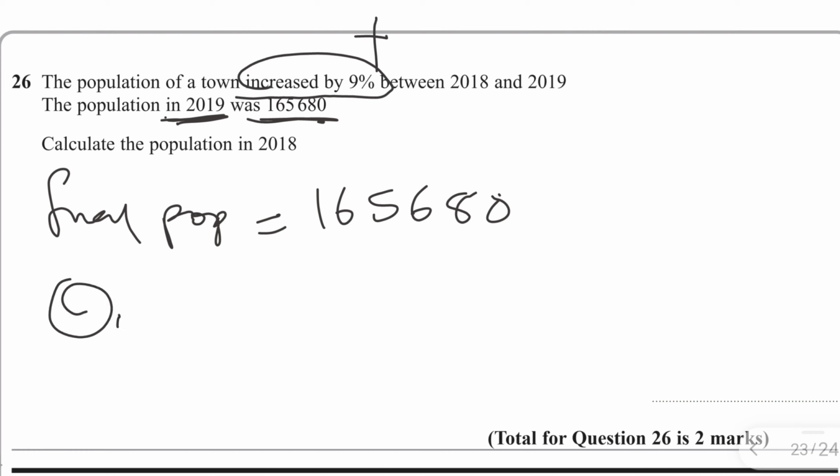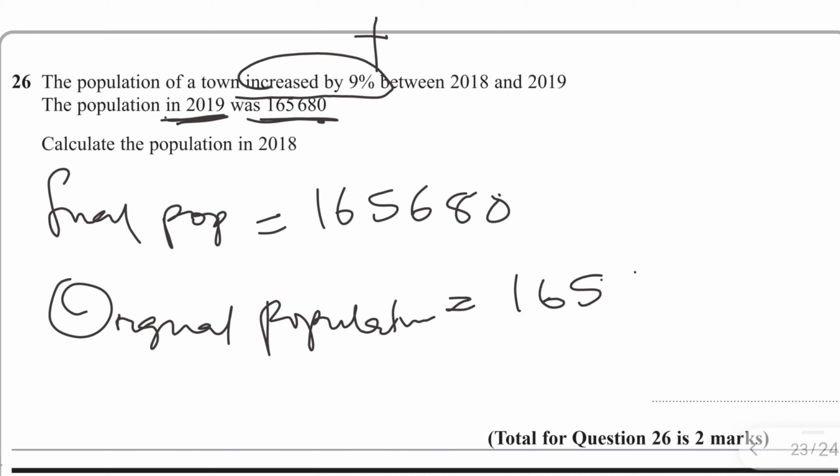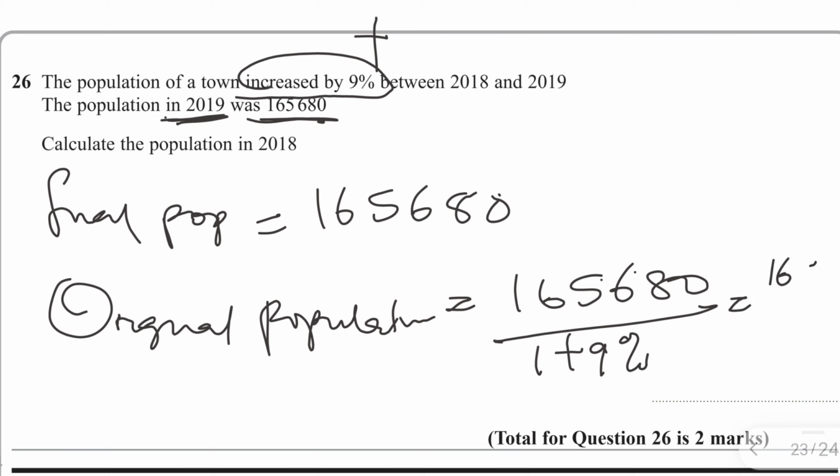So that means the original population in 2018, because now we are working backward, is going to be 165,680 divided by the rate now, which is 1 plus 9%, which is just 165,680 divided by 1.09.